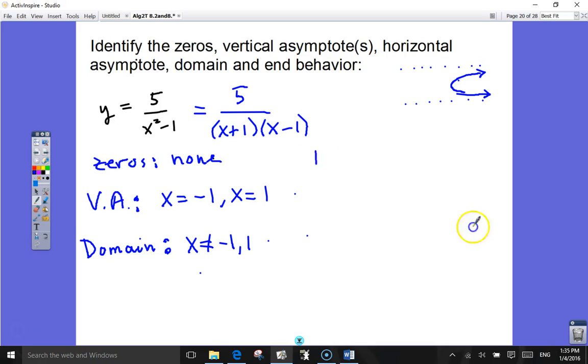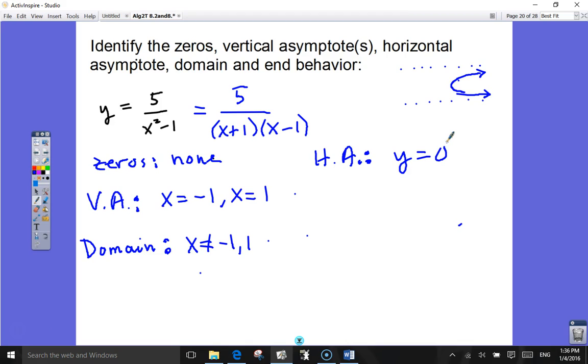Okay, horizontal asymptote. Using our 3 rules, which has a higher power, denominator or numerator? The denominator has the higher degree. According to the rule, when the denominator is the higher degree, the asymptote is y equals 0. Make sure you don't just say 0.